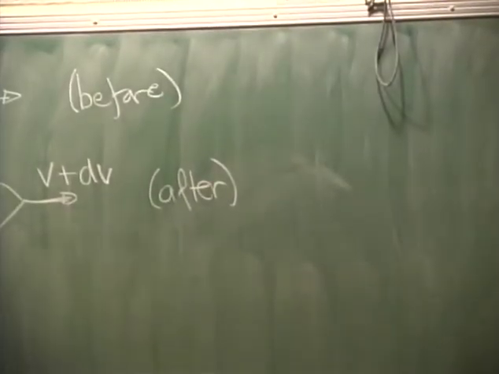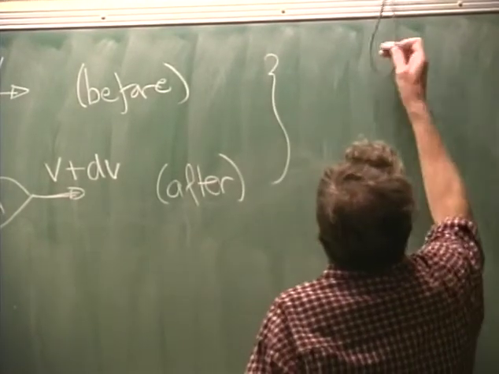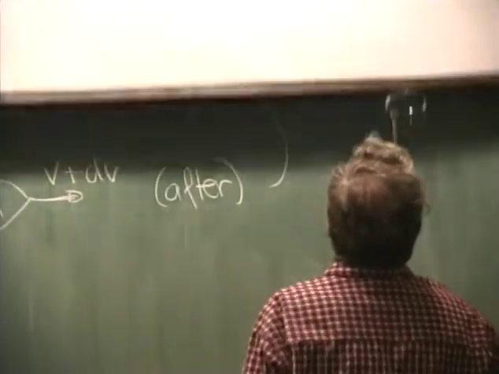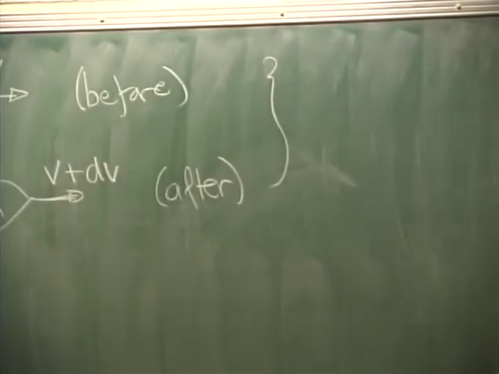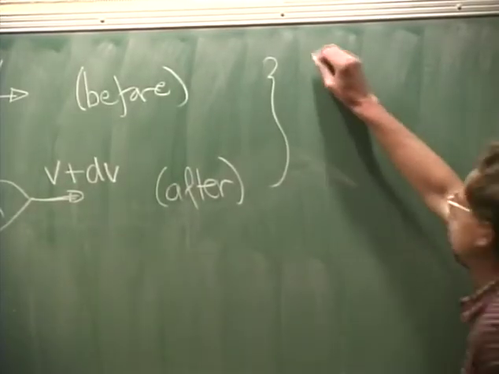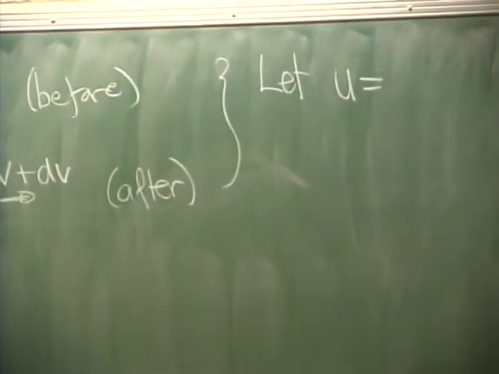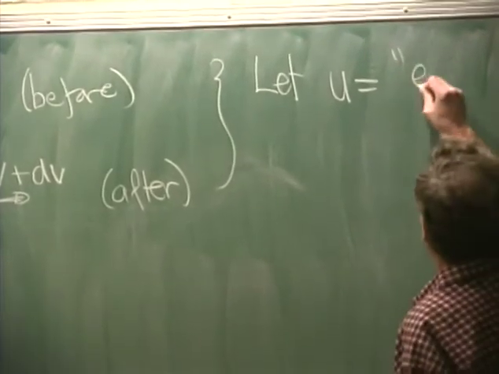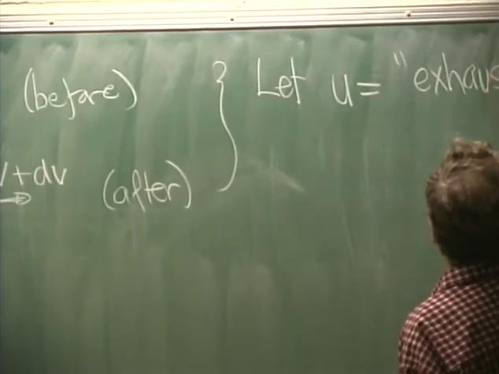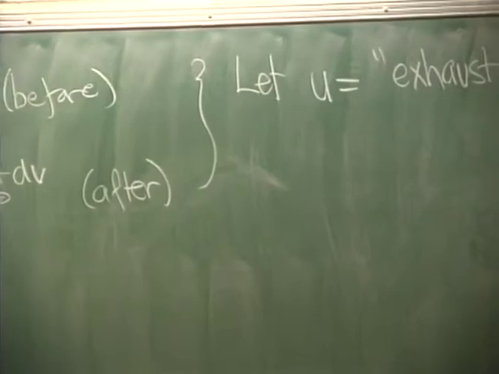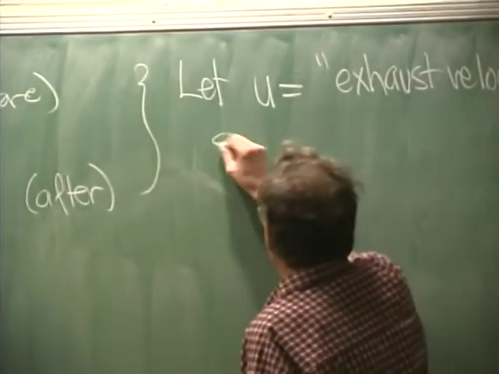Well, let us call u, let u equal the exhaust velocity, we'll call it. The speed of the exhaust relative to the rocket.